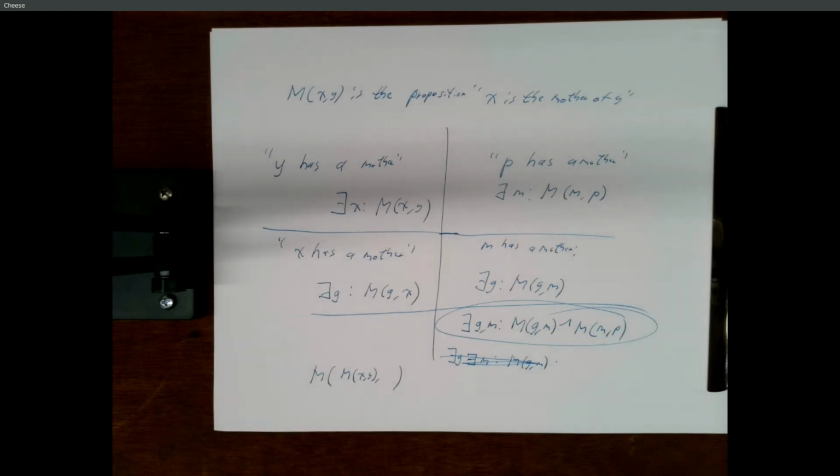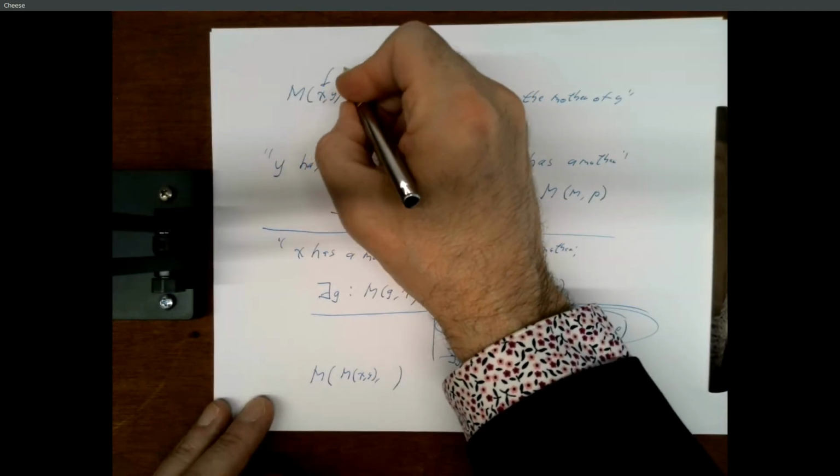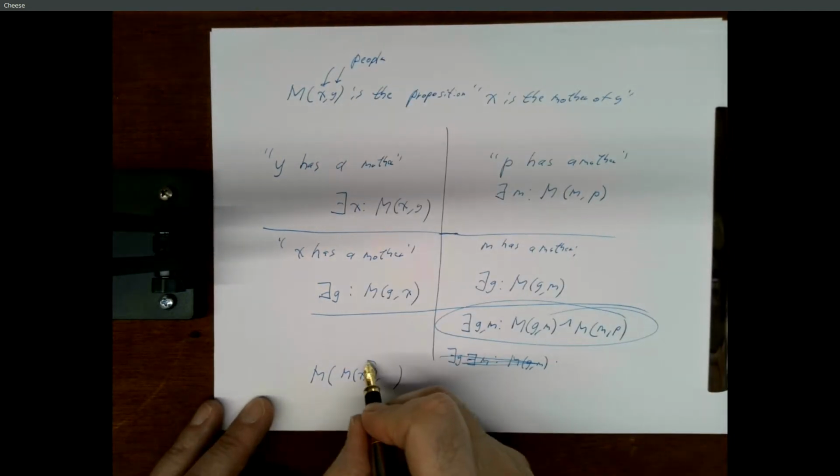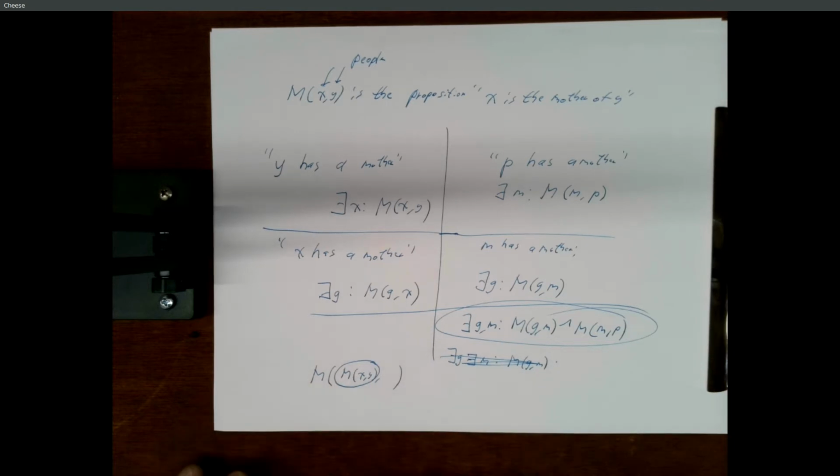The idea of that is great. The implementation is problematic because X and Y are supposed to be people. They're elements in the universe, and this is not a person or an element of the universe. This is a proposition. So we're saying that a proposition is the mother of a proposition, right?